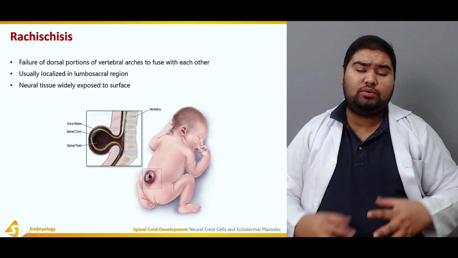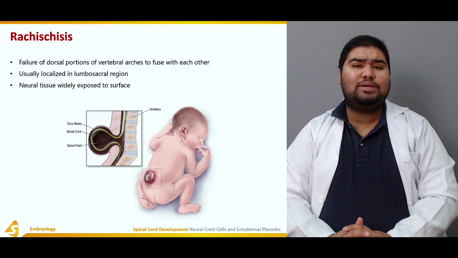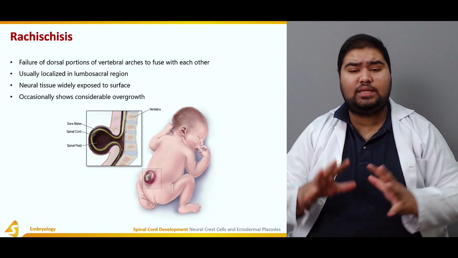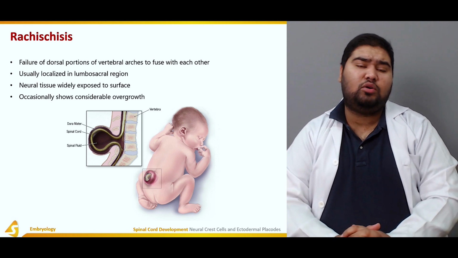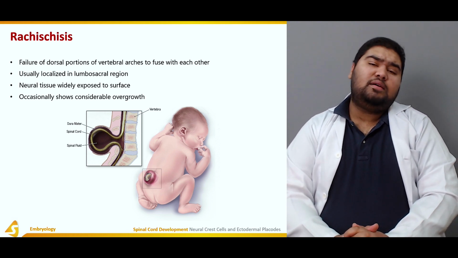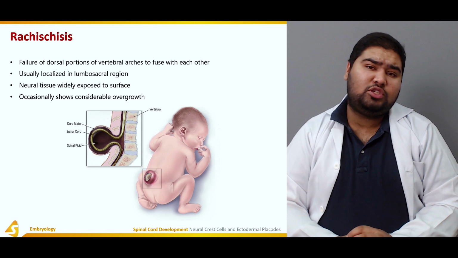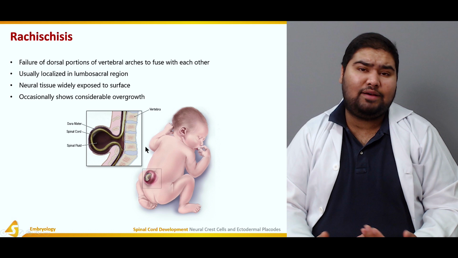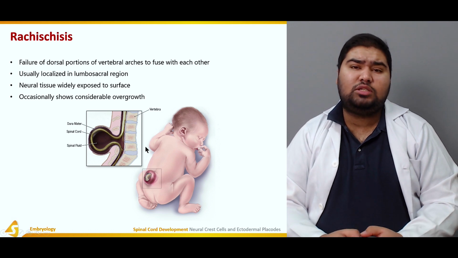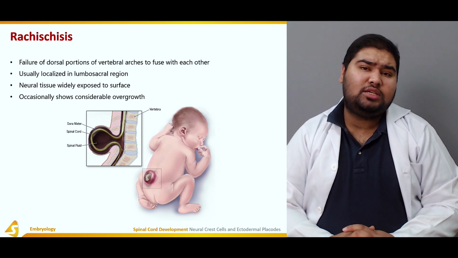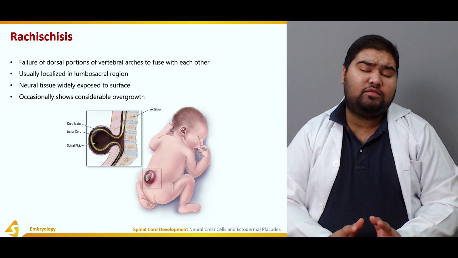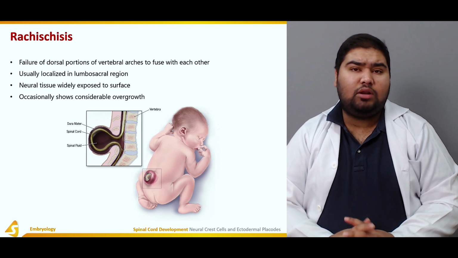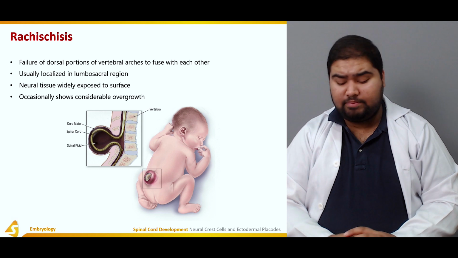The neural tissue is widely exposed to the surface, and sometimes it can show considerable overgrowth in the fetus. However, this exposed neural tissue is usually not in a very good condition, because amniotic fluid is not conducive for the development of this spinal or brain matter.